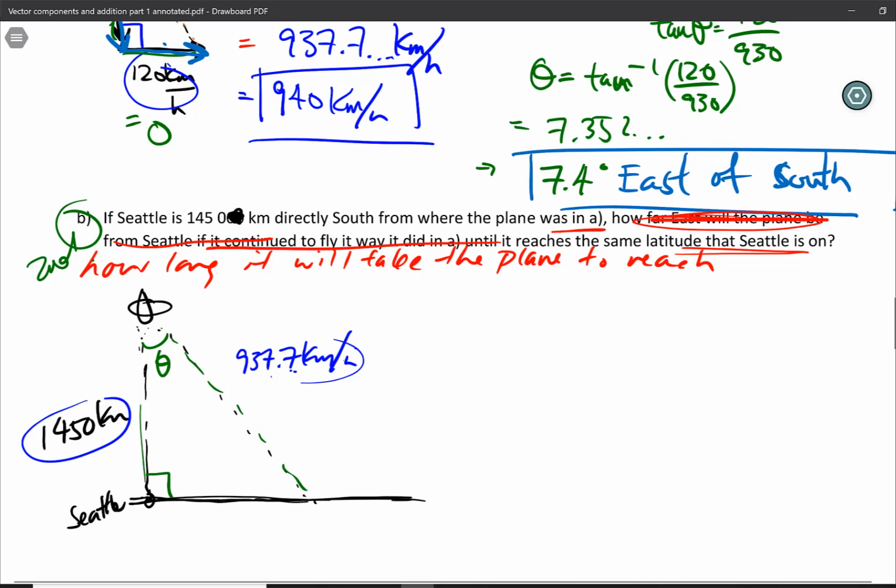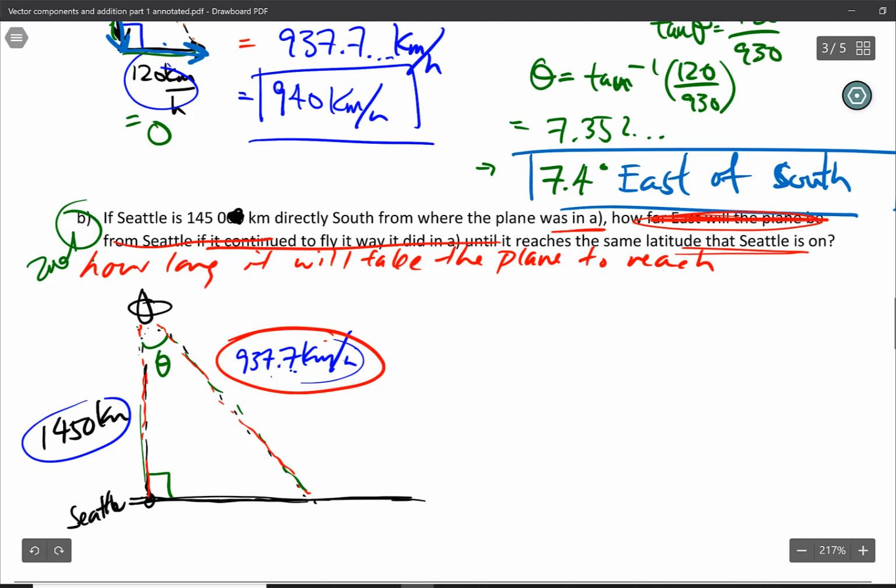But here's the problem. You have this 1,450, this is flying directly south. Now the plane isn't flying directly south. It's actually going to fly a longer distance than 1,450 kilometers if it were going at this speed. So we got to be very careful here.